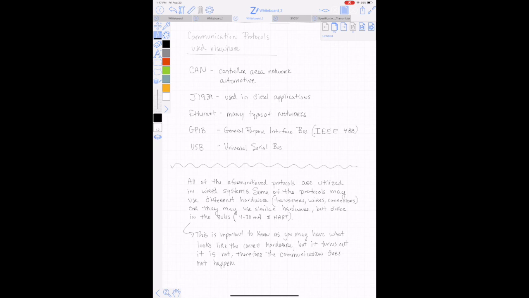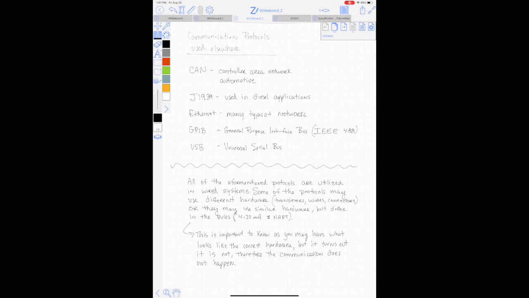GPIB, or General Purpose Interface Bus, is utilized in measurement equipment. So, for example, if you go into the lab and look at the back of the oscilloscope, you will very likely see a GPIB interface. And one we're nearly all familiar with is USB, or Universal Serial Bus. So these are other types of communication protocols that we might find in instrumentation.